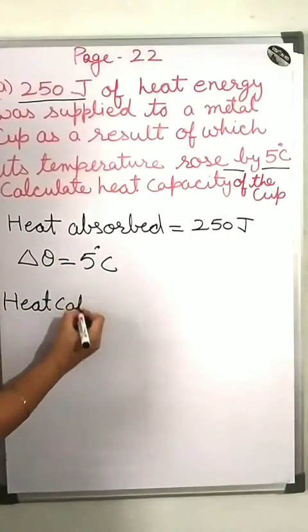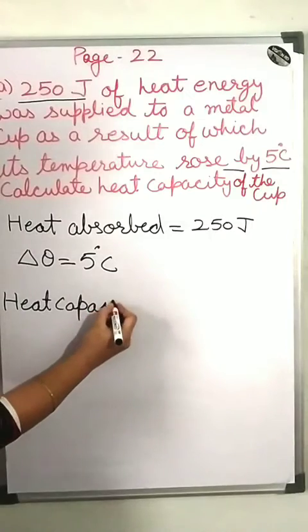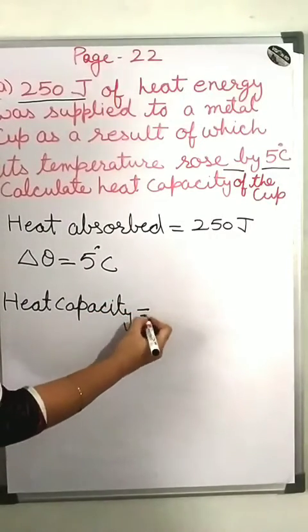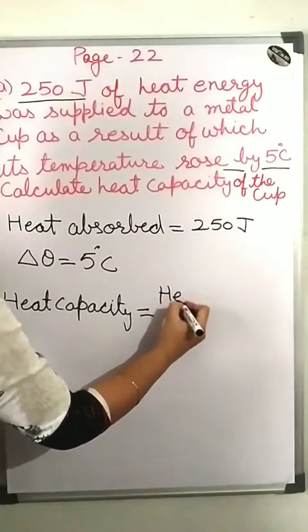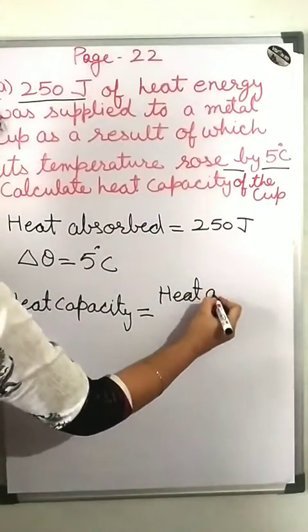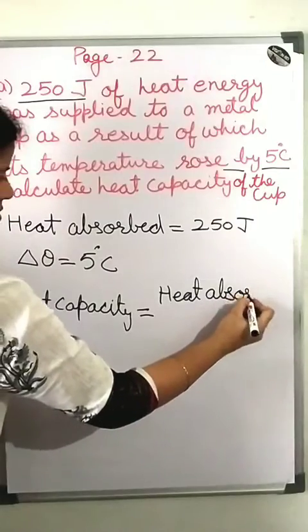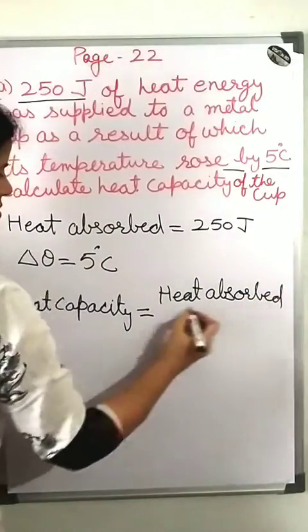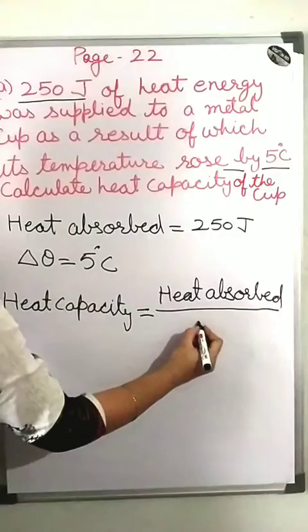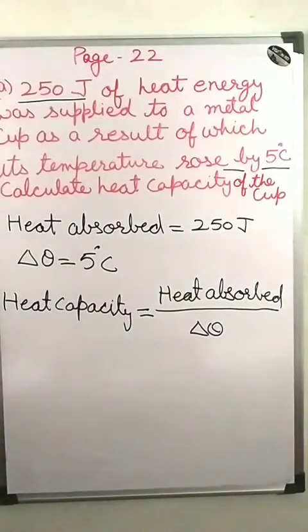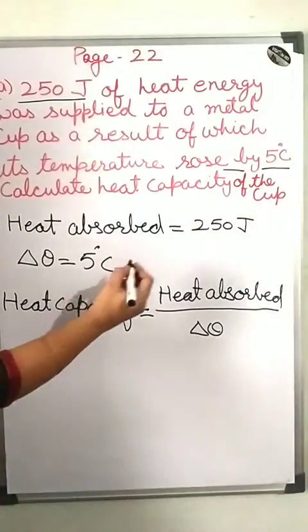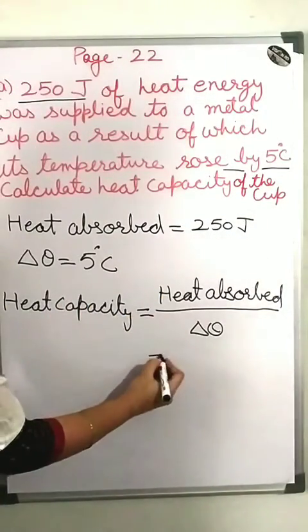Heat capacity is equivalent to heat absorbed upon delta theta. Okay, and heat absorbed is equivalent to 250 joule.